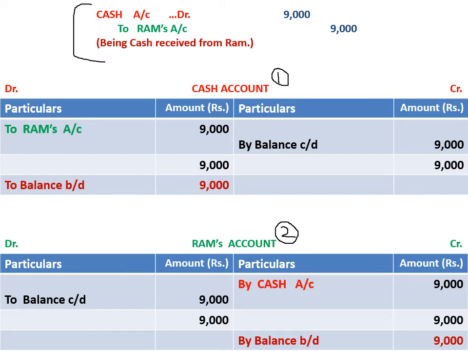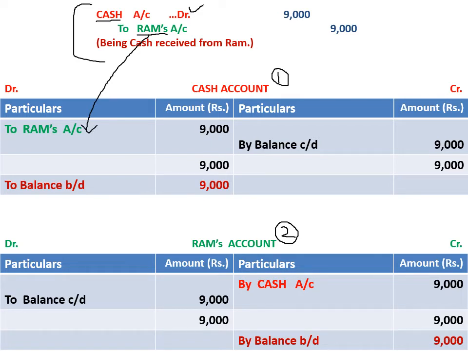Now students, listen carefully. There is a system of recording a journal entry into the ledger. A cash account is debited because of Ram, and Ram account is credited because of cash. In the cash account, we will write Ram's account as "To Ram account".